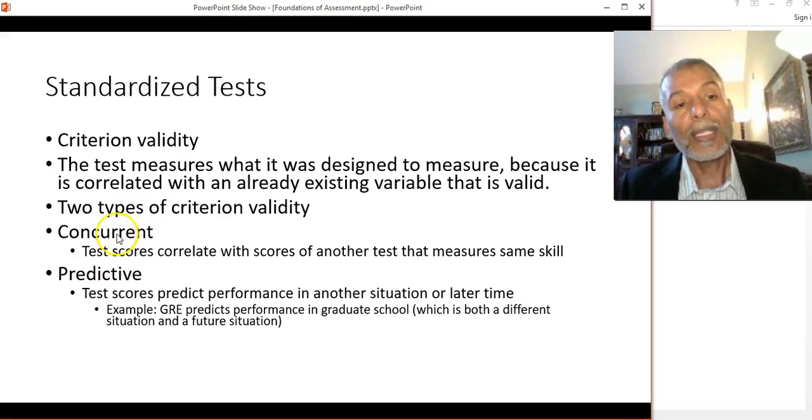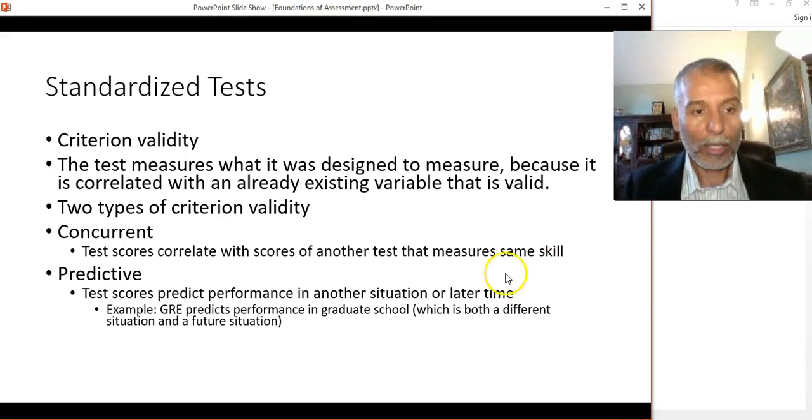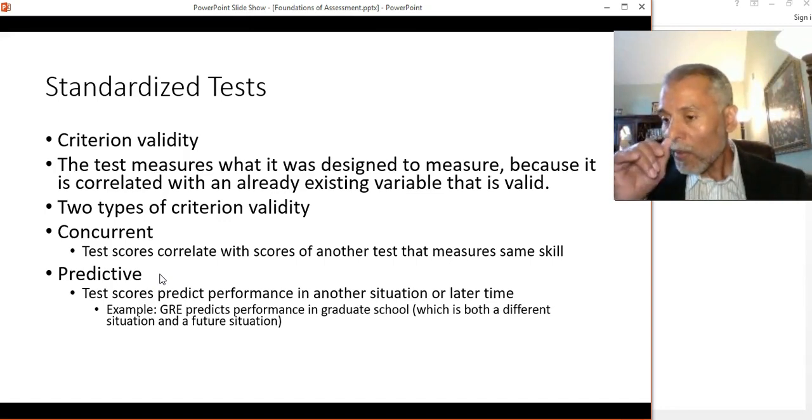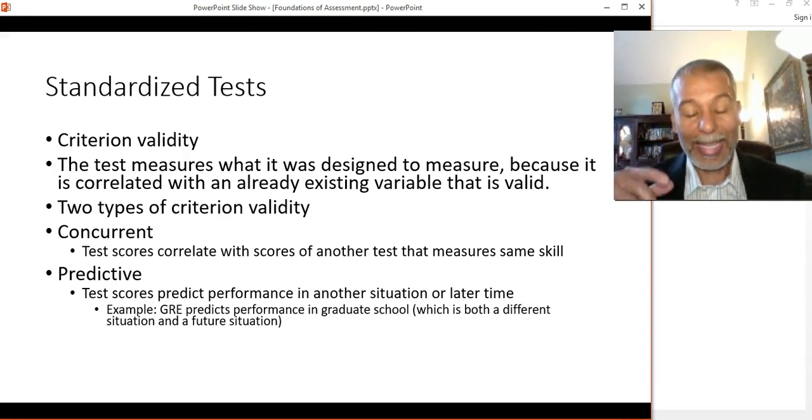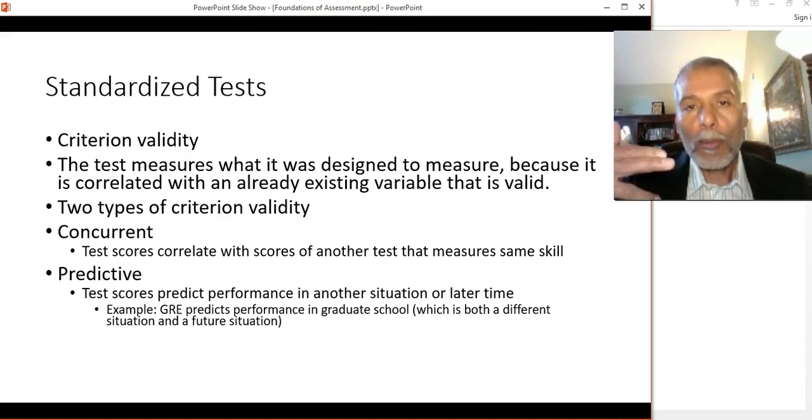There's a test, and concurrently there's another test also designed similarly to it, and are they giving me the same results? And then predictive validity means how valid the test is in predicting the person's performance in a future situation.